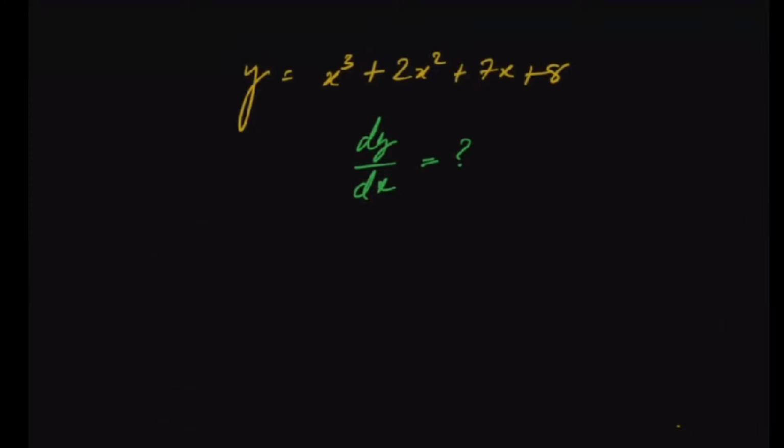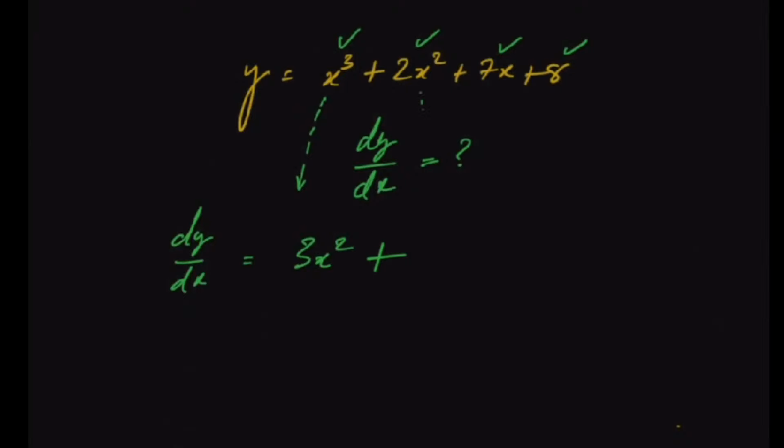It's quite easy. He's asking dy by dx. This y is a sum of many functions; there are 1, 2, 3, 4 terms here. So you have to take the derivative of individual functions and add. The derivative of x cube is 3x squared.